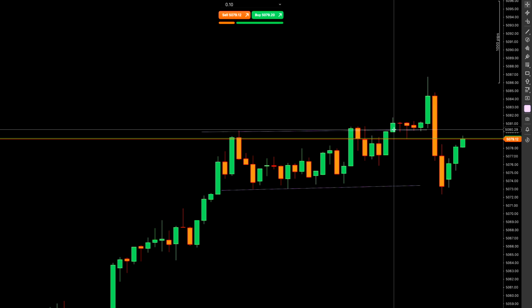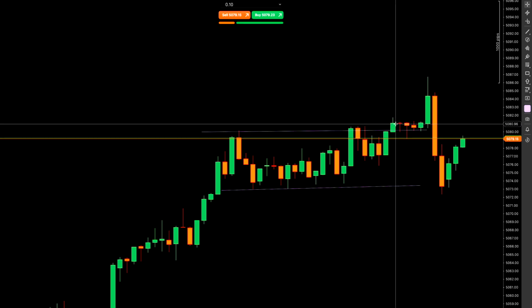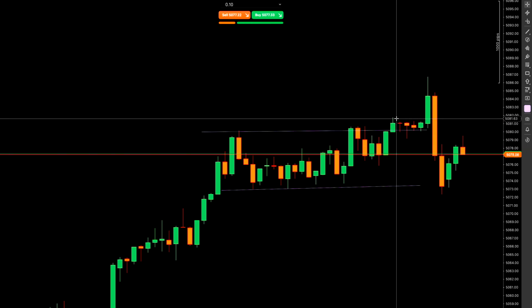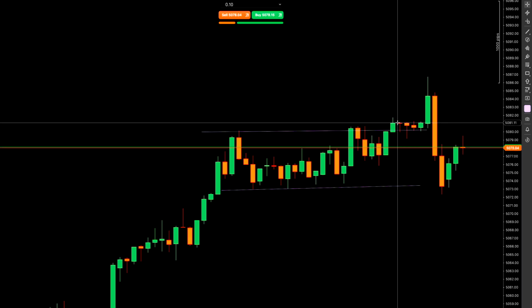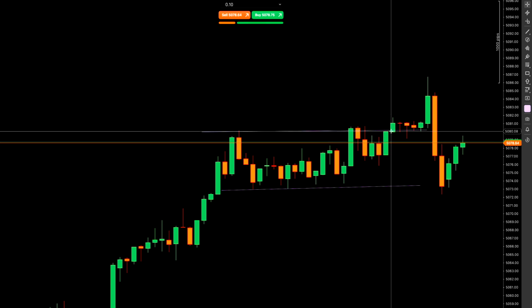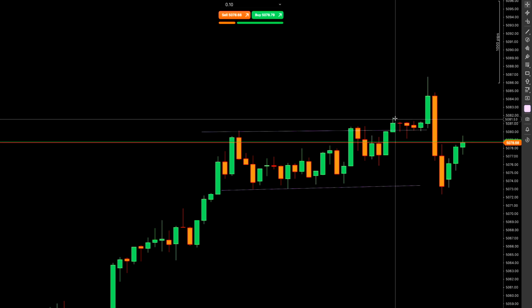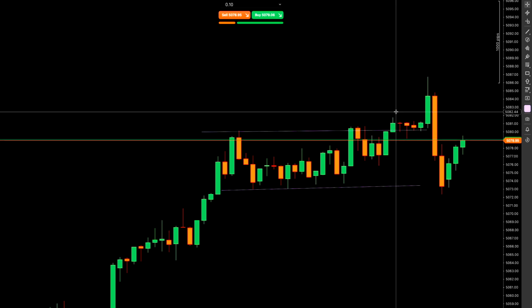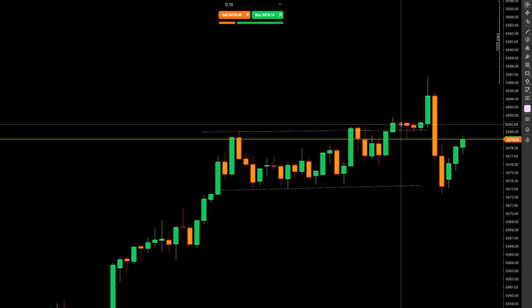So come to this candle right here. The market opens up, the candle opens up here, to the upside. This one could have been a good one, but there's a little rejection. If the market was really breaking through, it would have given you a different type of candle, probably like this, or a red candle inside of two greens.